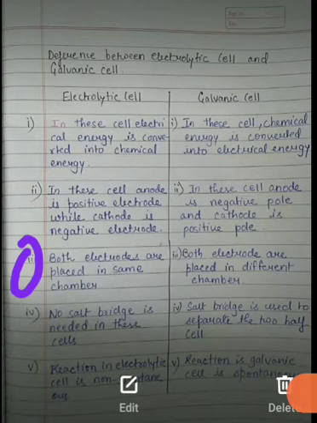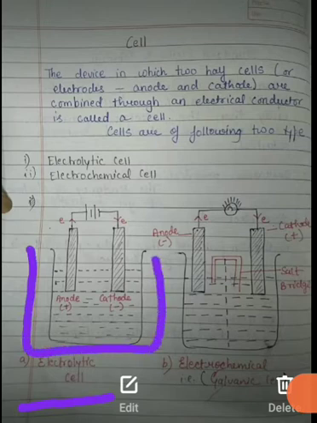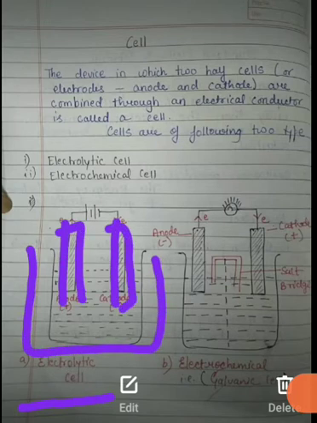Now let's talk about the third difference. In an electrolytic cell both the electrodes are placed in the same chamber, but in a galvanic cell the electrodes are placed in different chambers. You can see here, in the electrolytic cell, this is the same chamber and both electrodes are placed in it.